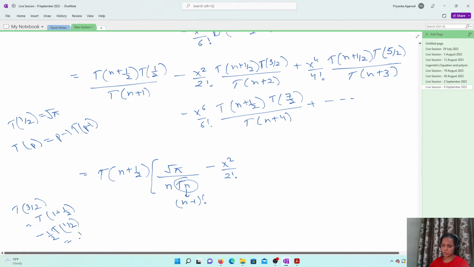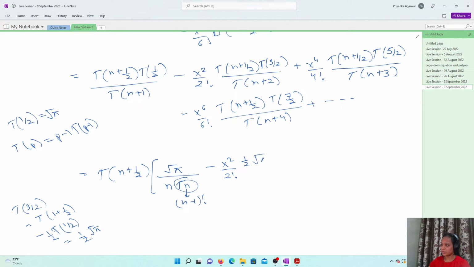So this becomes 1 by 2 root pi over gamma of n plus 2, which will be n plus 1 factorial. And similarly, we can write for other terms.